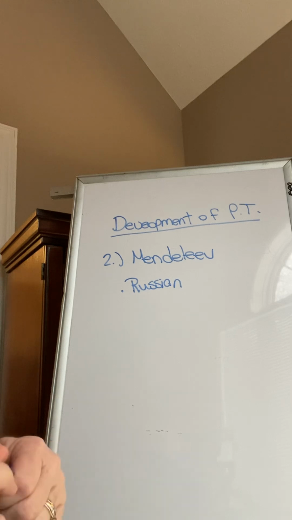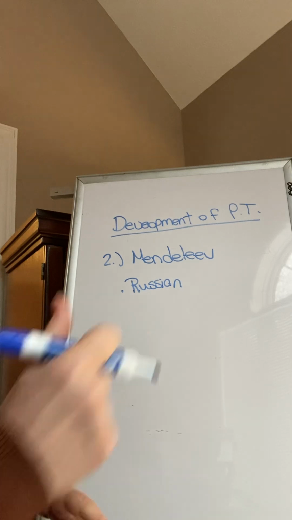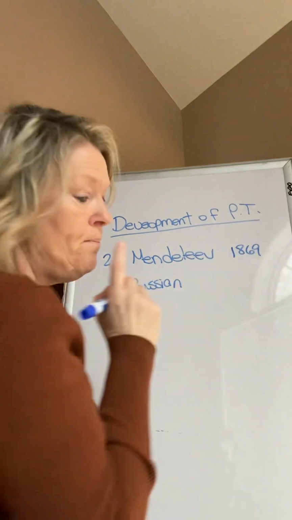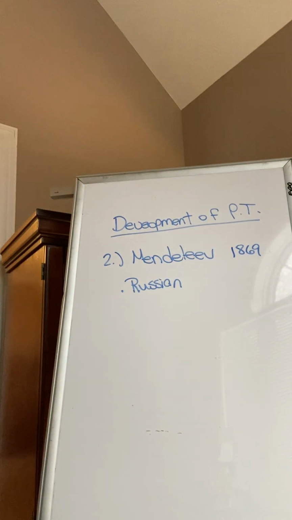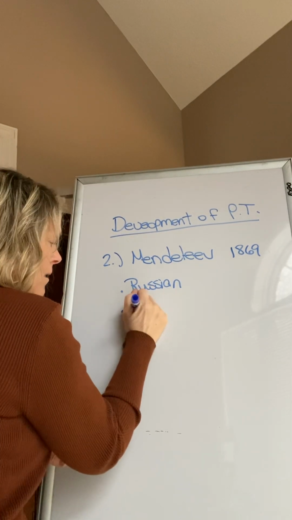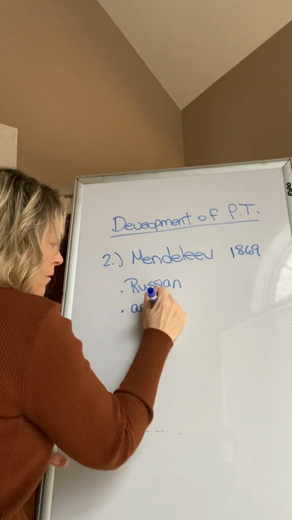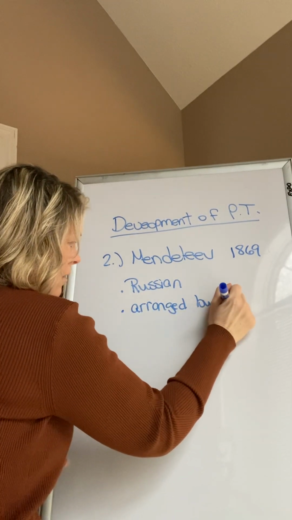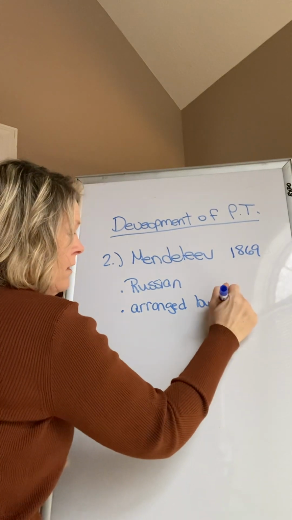One of the properties that were known in Mendeleev's time, let's put a date on him, 1869, was the atomic mass. So he starts arranging by increasing atomic mass.